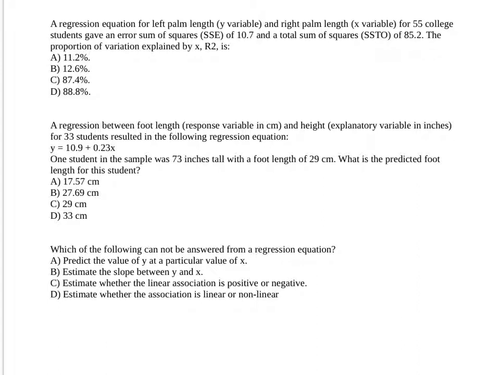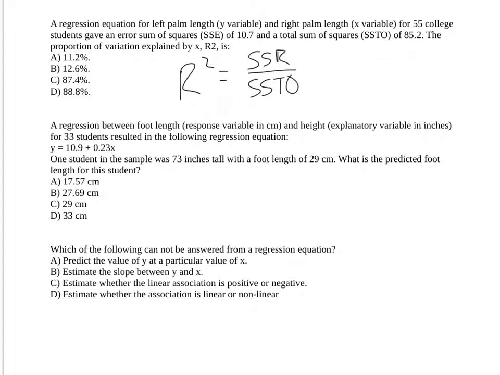The proportion explained by x, r squared, is what? Another way to calculate r squared, besides squaring correlation, is to take the sum of squares of the regression and divide it by the sum of squares total.